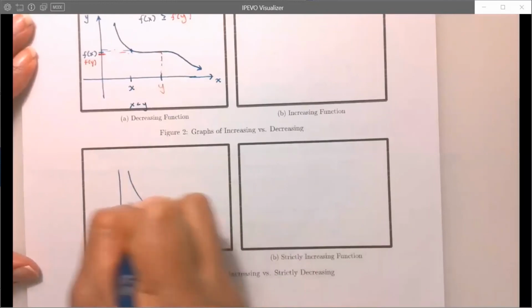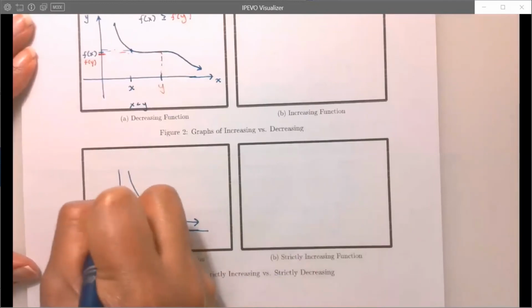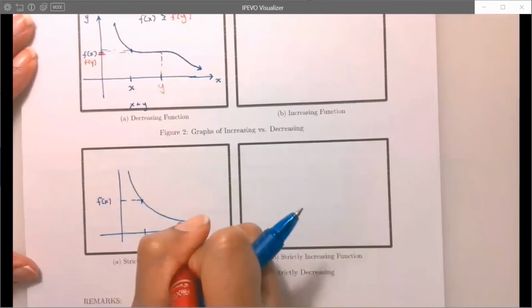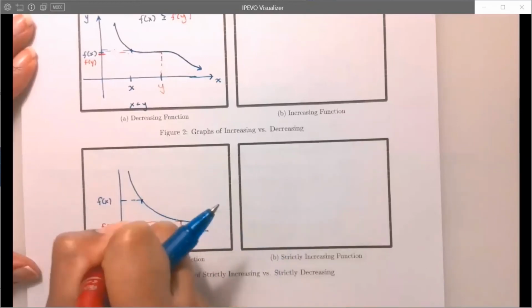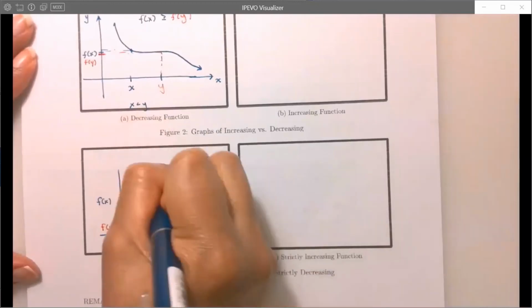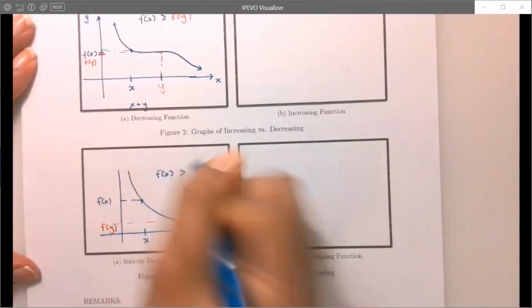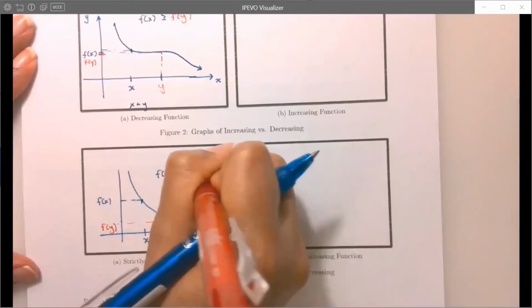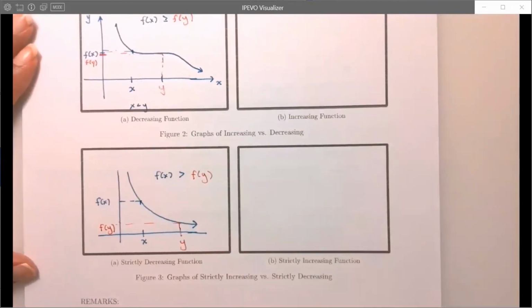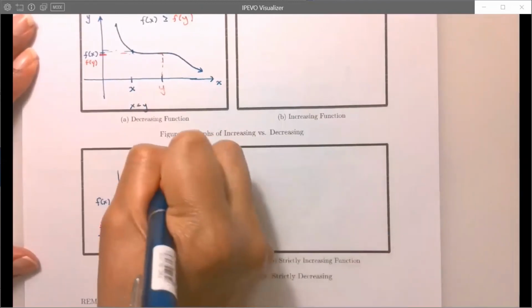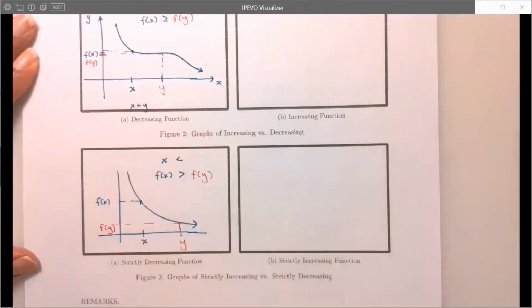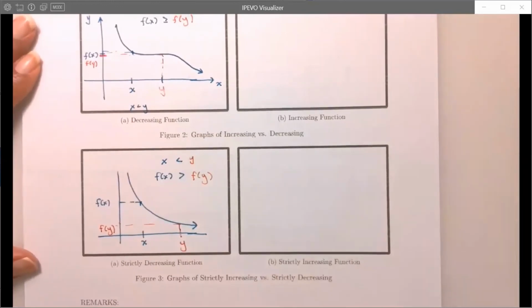F of x, in this case, is going to be greater than f of y. So that is called strictly decreasing. And let me just be complete here. In this case, x is less than y, and you have f of x being greater than f of y.